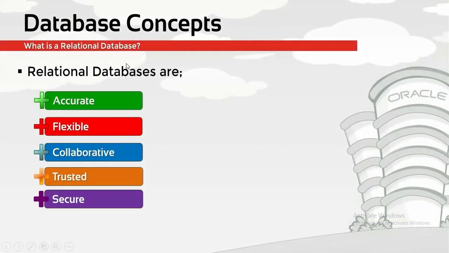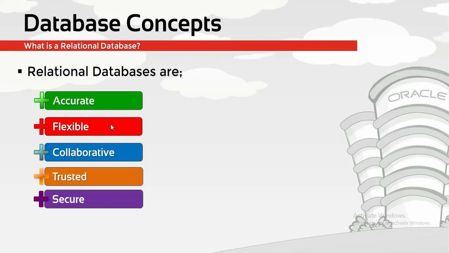So why do we have to use a relational database? There are some reasons. The most important reasons are that relational databases are accurate, flexible, collaborative, trusted, and secure. These databases provide accurate data results and they are flexible, so there is no wastage of data space or memory space.